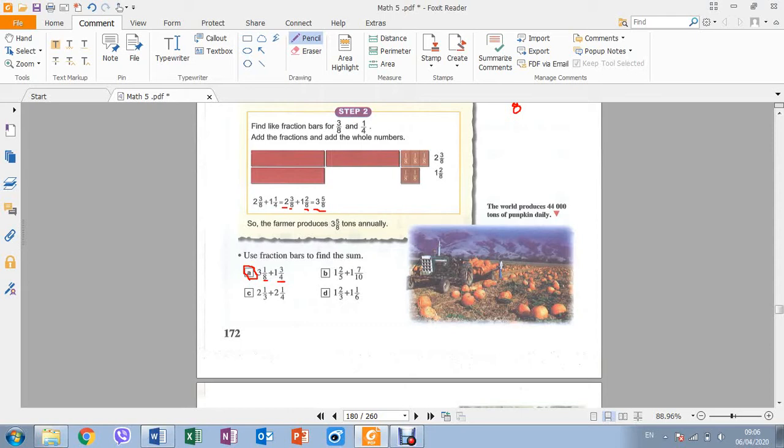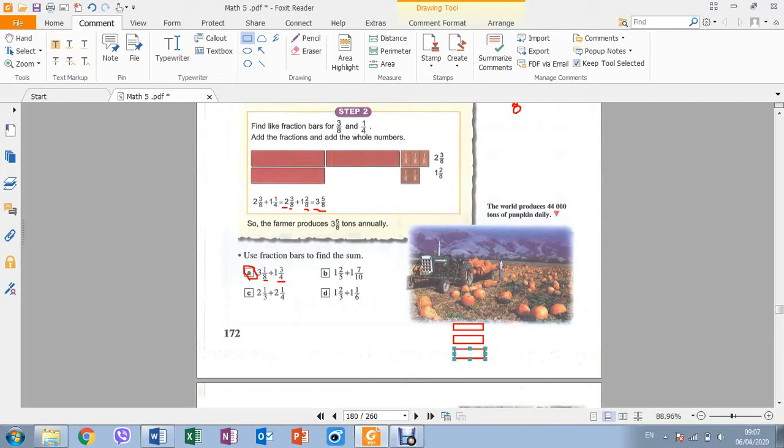The first one we have 3, which means we draw 3 bars.